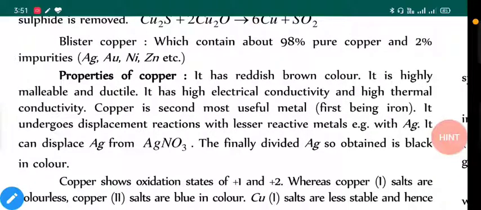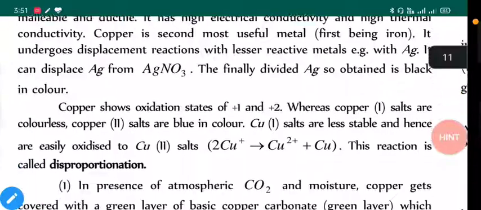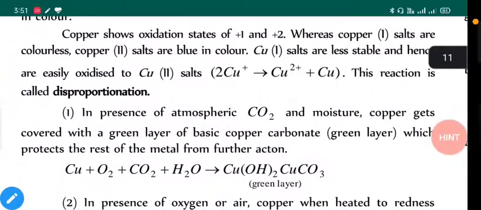That means for extraction of silver from its solution, we can use copper as a reducing agent. It can reduce silver. Copper shows oxidation states of +1 and +2. Copper +1 salts are colorless and copper +2 salts are blue in color.